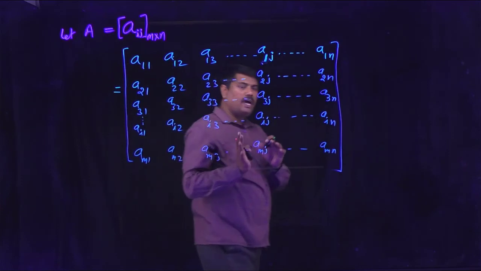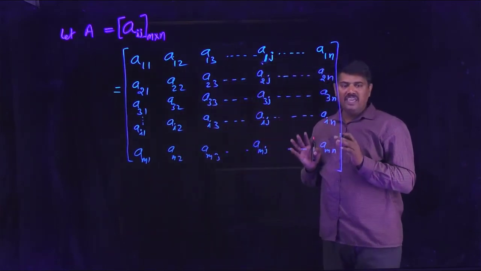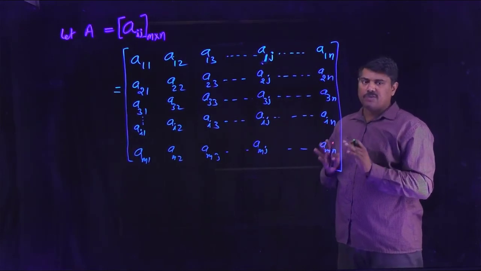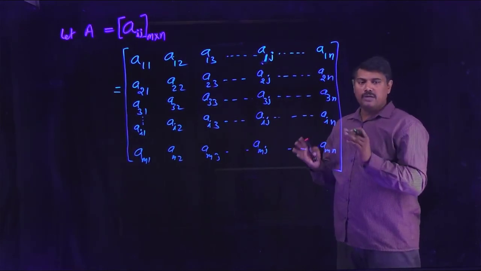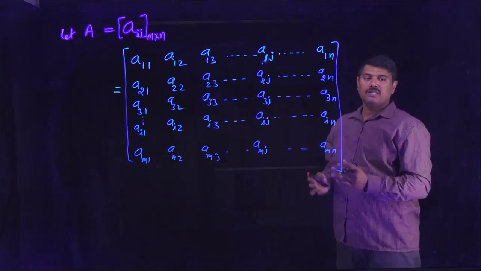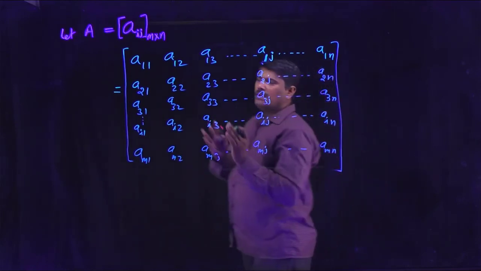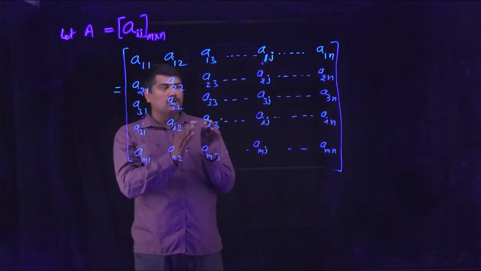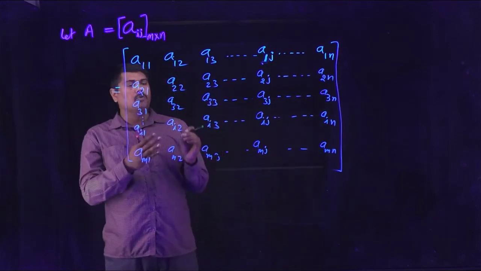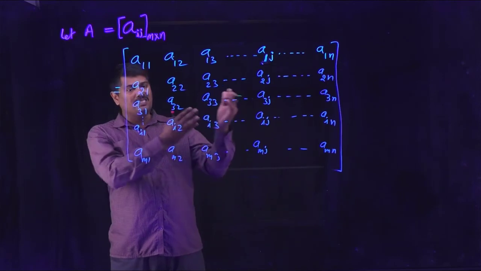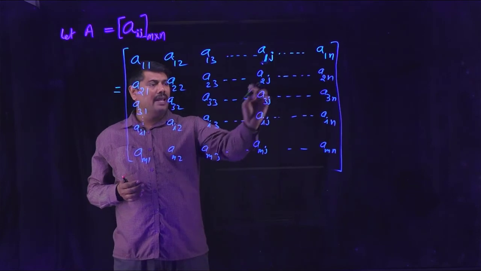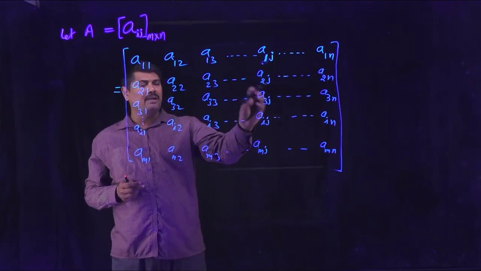So the point we are discussing here is that in constructing a matrix, the position of the element is very important. To indicate what is the element in the third row and fourth column, to specify a particular element in this arrangement, you have to mention where that element is.